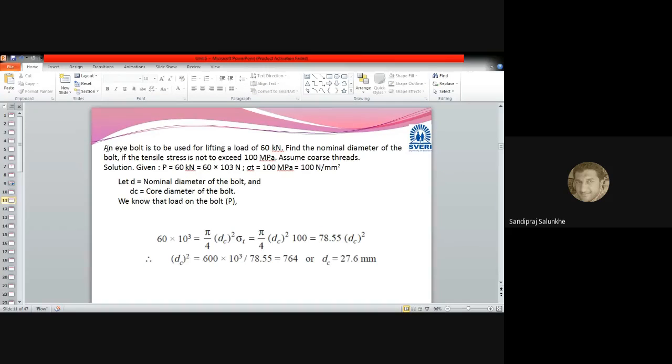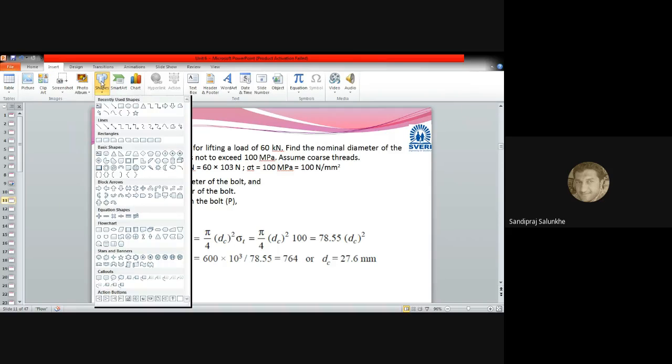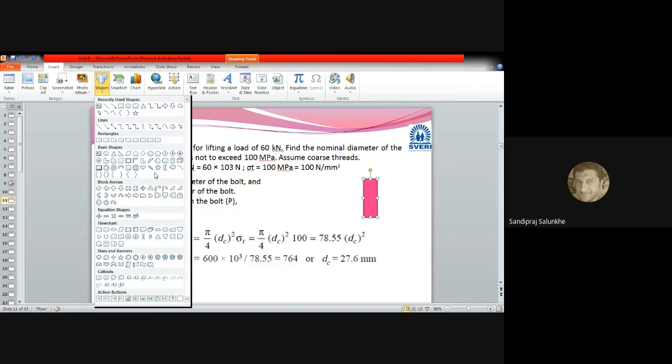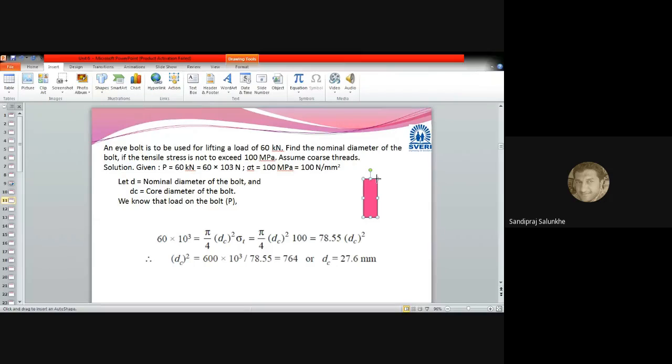So here the example is that an eye bolt is to be used for lifting a load of 60 kilonewton. An eye bolt is used for lifting a 60 kilonewton force. If you want to draw the diagram of the eye bolt, these types of bolts are called eye bolts.